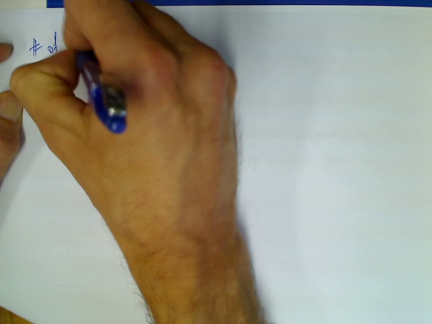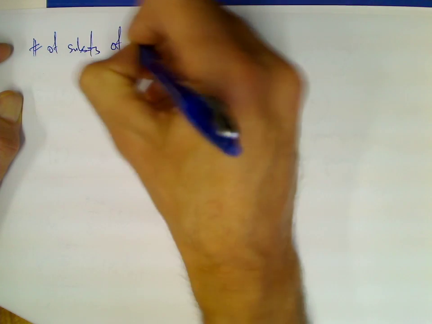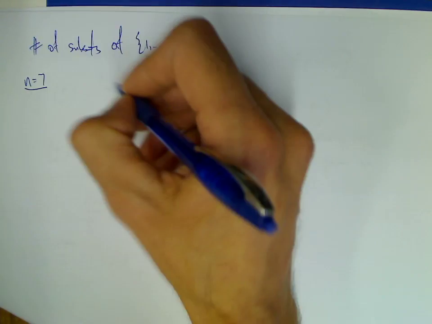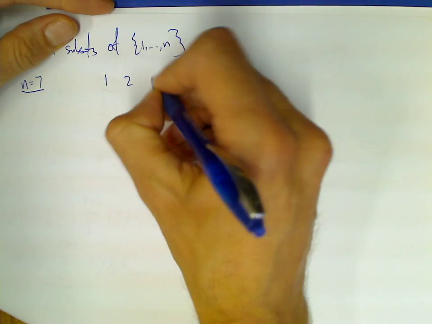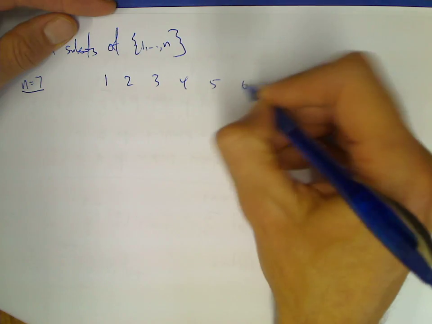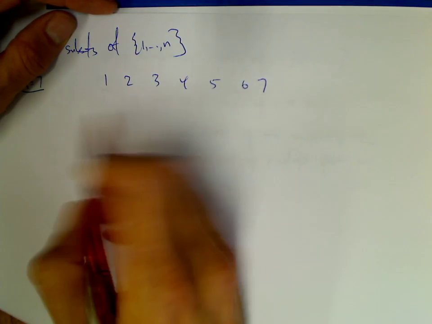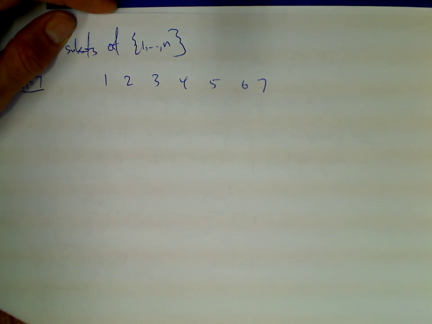Right, so the number of subsets of 1 to n, well, let's just think about, say, n equals 7. So we've got 1, 2, 3, 4, 5, 6, 7. To form a subset, we need to decide for each one whether to include it or exclude it.